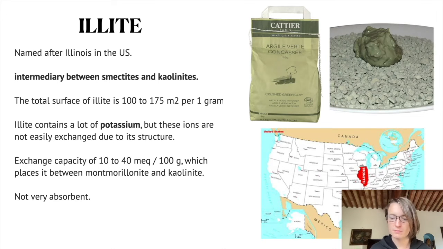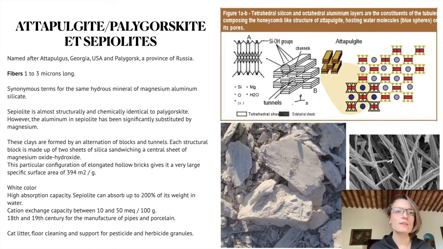It's like in between. So attapulgite, palygorskite, sepiolites. Attapulgite and palygorskite are two names for one same clay. Sepiolite is different but very, very similar to attapulgite and palygorskite. I won't spend too much time talking about this one because we won't talk more about this type of clay.